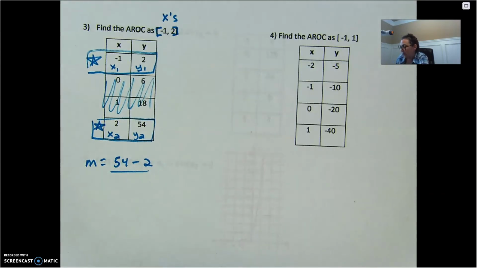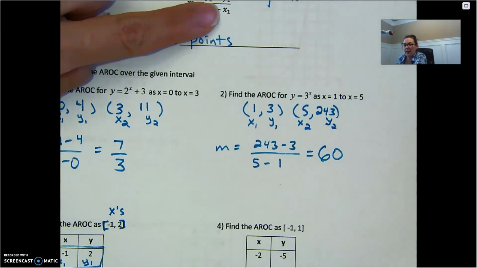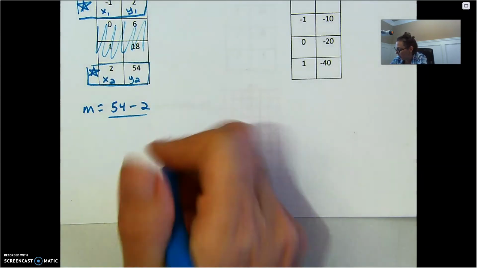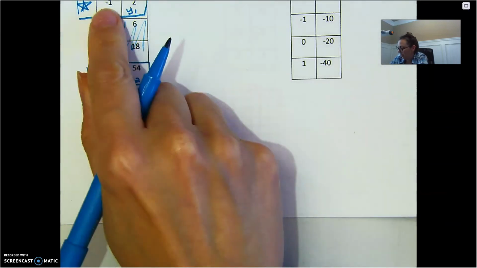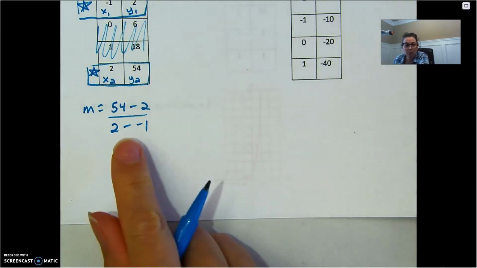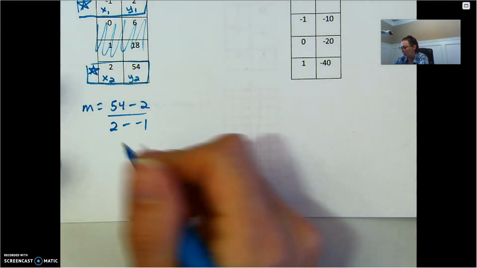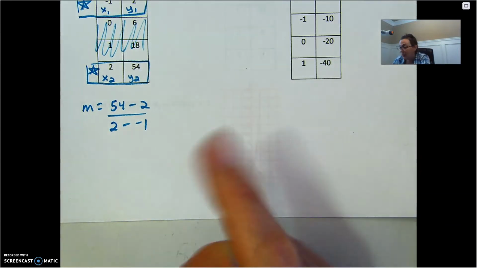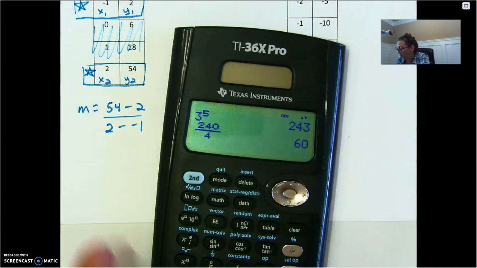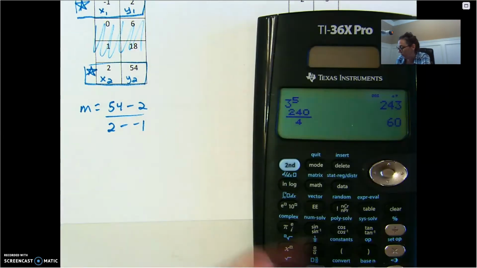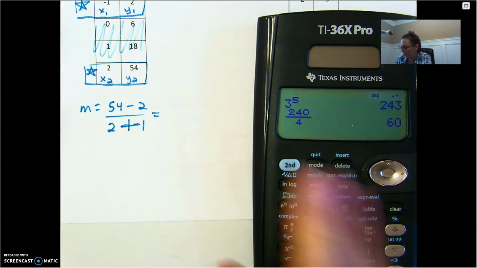And then on the bottom, we have x2 minus x1. So x2 is 2 minus x1 is -1. Ooh, a double negative. A minus minus, we know that's going to go positive. If that freaks you out, you can type it in and not worry about it, and your calculator can handle it for you. Again, whatever you prefer.